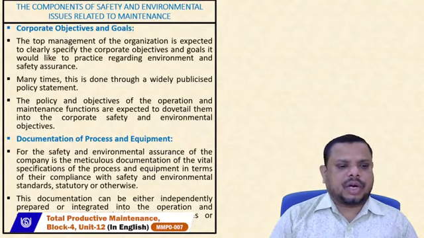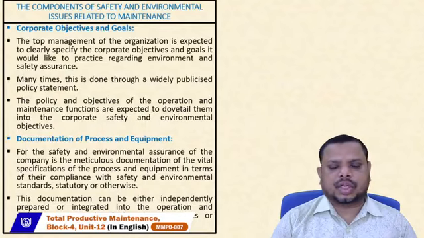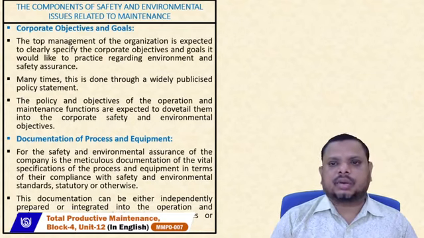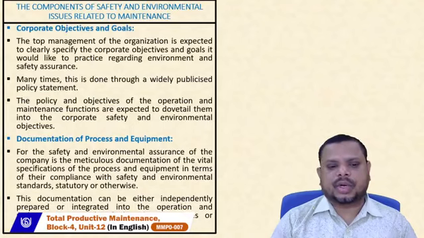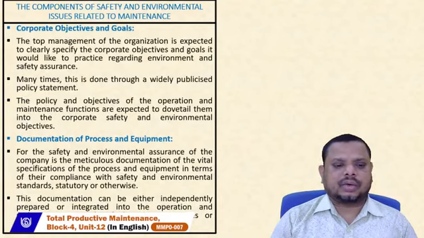The most important part, whenever you think about safety and environmental issues, is that the company directs many top-level authorities to meticulously document all vital specifications of machines and equipment, and it is directly related to a higher side of safety and environmental standards.